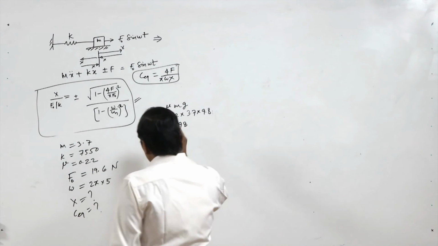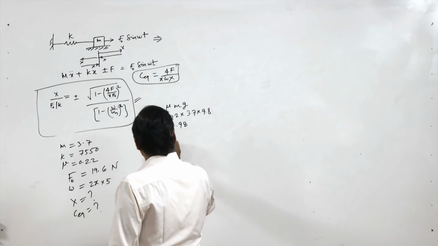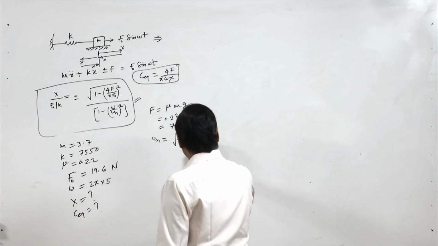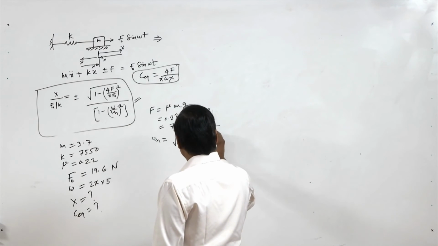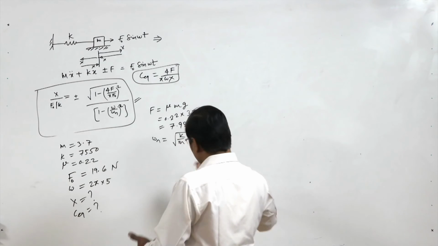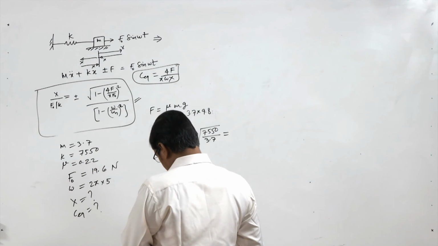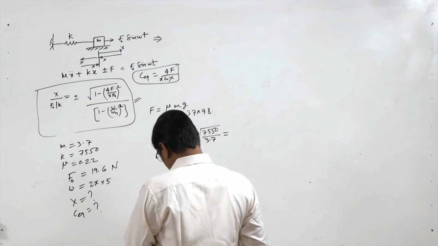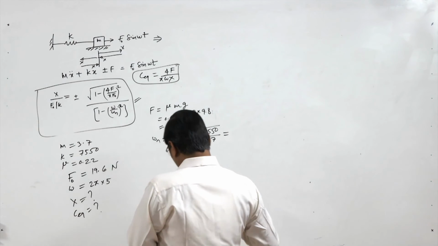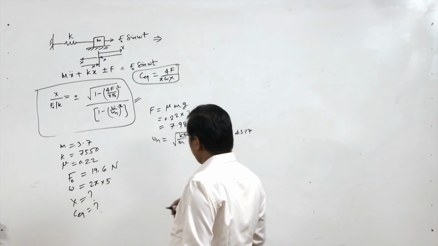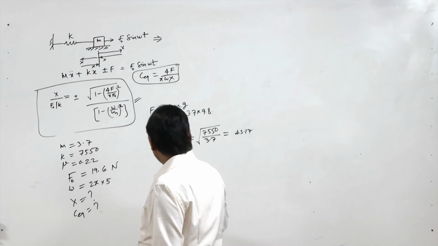Now we have to get the omega n. So omega n is root k by m. So that is equal to under root 7550 by 3.7. So that is 45.17 radian per second.